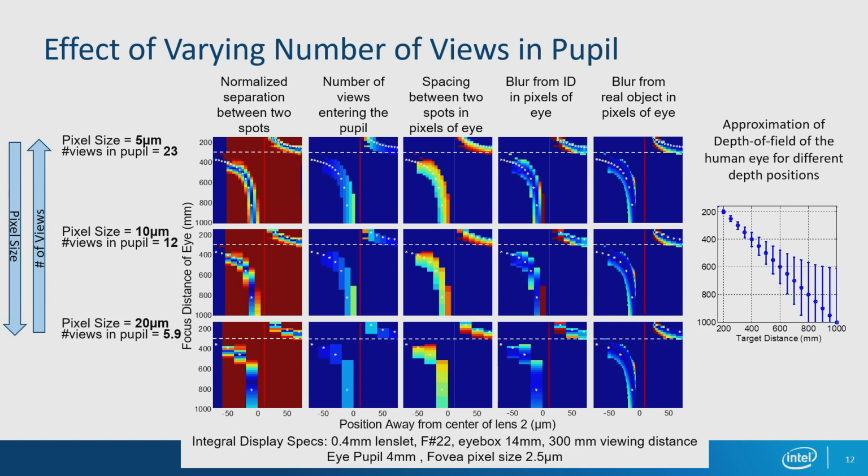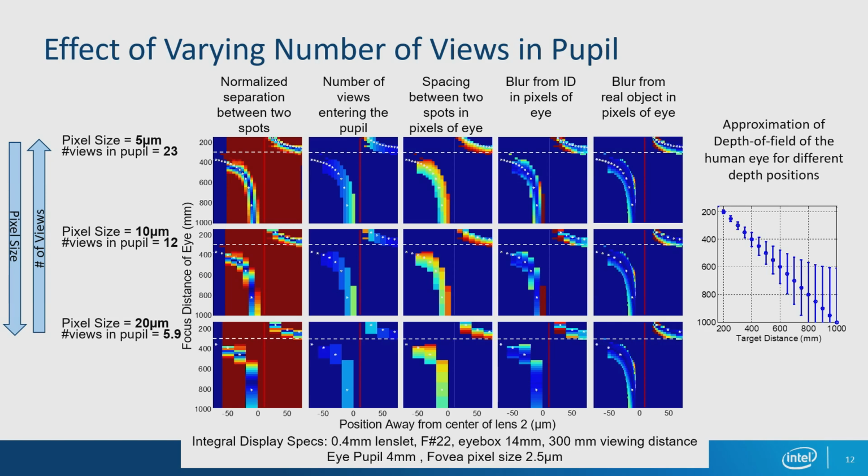If I look at the depth of field of the human eye, this reduction in the number of views in the pupil is actually not that bad. Because the depth of field of the human eye tells me that if I'm looking at, let's say, 600 millimeter, I have about plus and minus 100 millimeter depth of field of the eye, where I cannot tell the exact depth of the object.